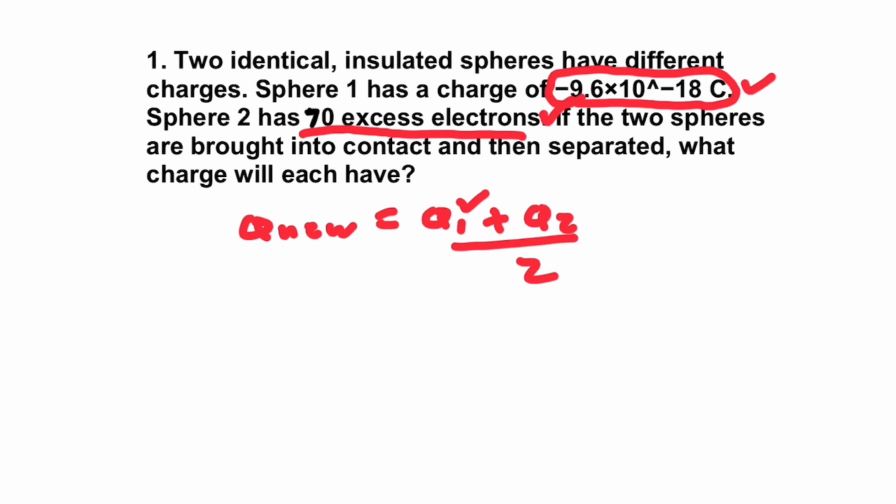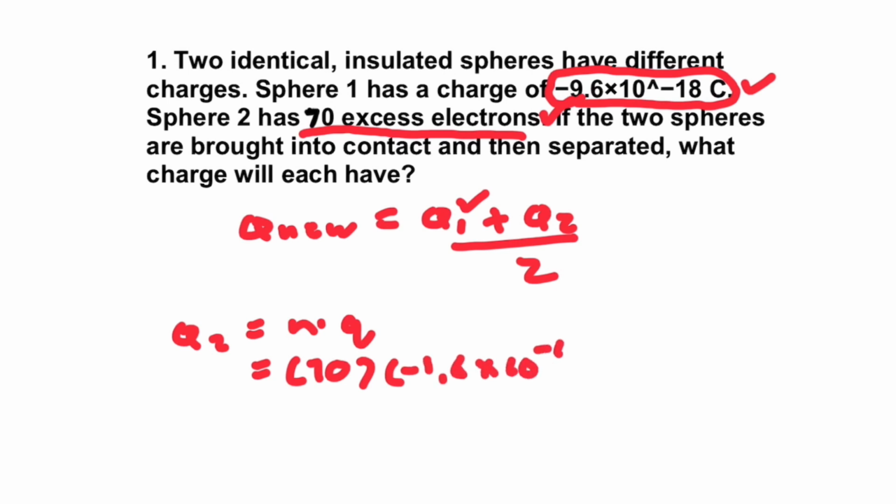The charge of sphere 2 will be equal to the number of electrons it has in excess multiplied by the charge of an electron. How many electrons does it have in excess? It has 70 electrons, and the charge of an electron is minus 1.6 times 10 to the minus 19 coulombs. One electron carries a charge of minus 1.6 times 10 to the minus 19.